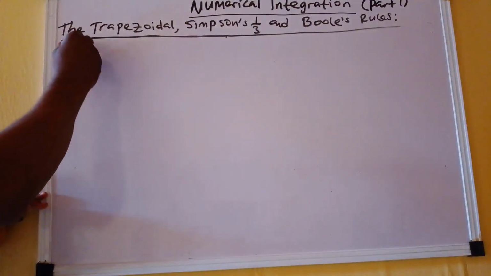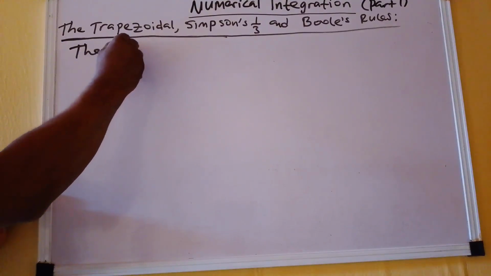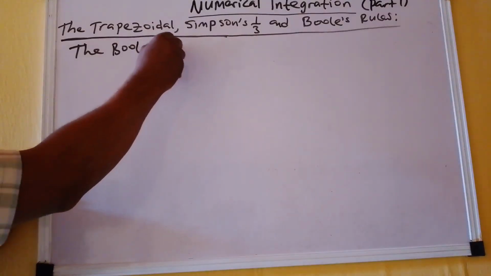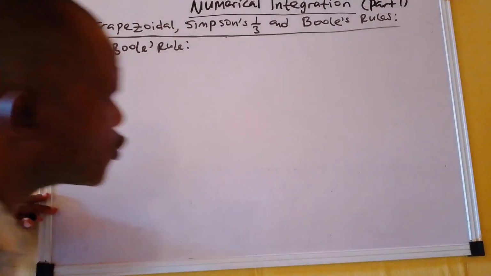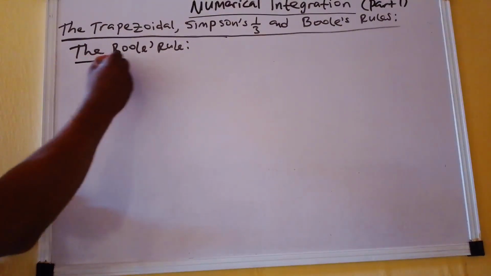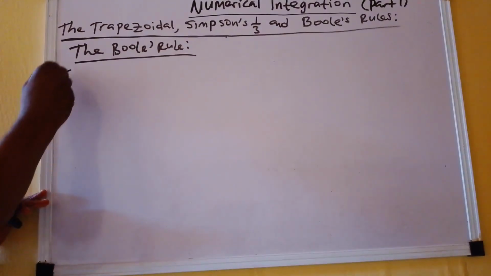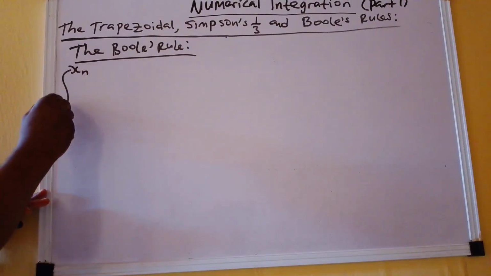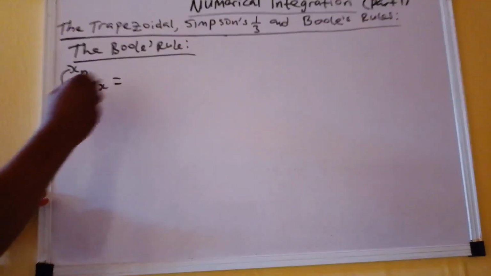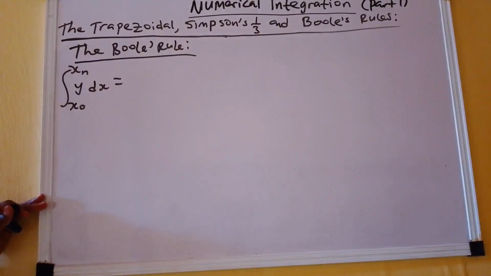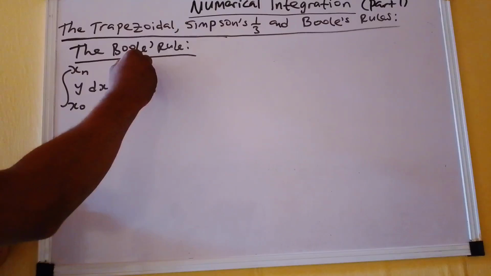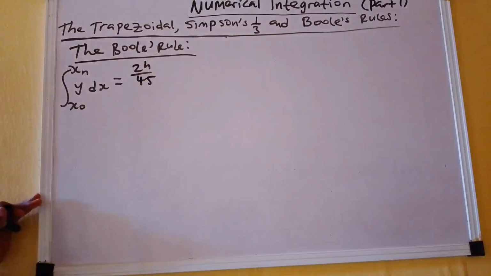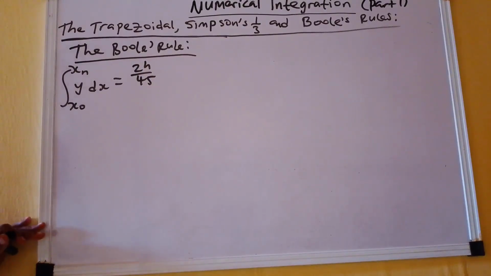So the Boole's rule is given as the integral from x naught to xn of y dx is equal to 2h over 45. It was derived using the Newton's forward difference interpolation formula, setting n equal to 4.